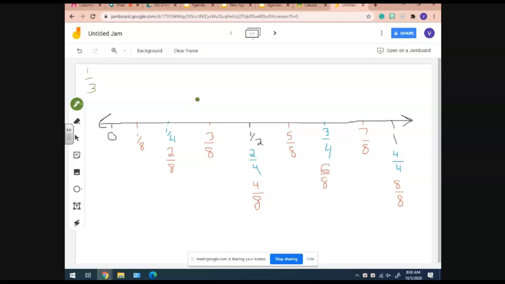I think that if you're going for thirds, the 1/3 would go just to the right of 3/4. 2/3 would be like right about there, and then 1/3 would be right about right. Okay, you're telling me that 2/3 is bigger than 3/4. Oh no, it's less. So like right here? Yeah.